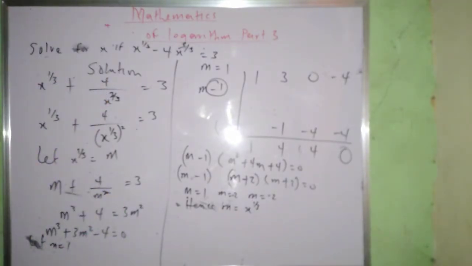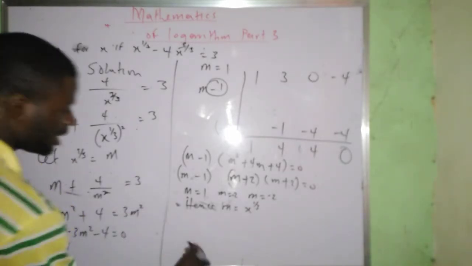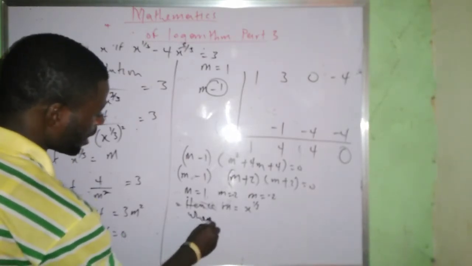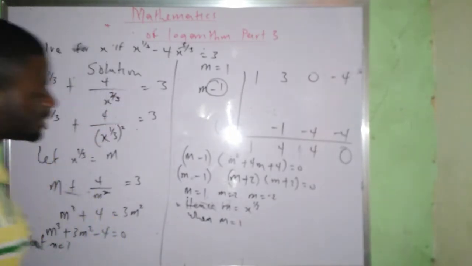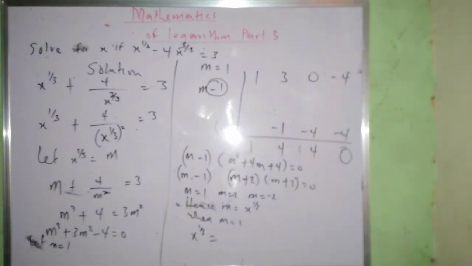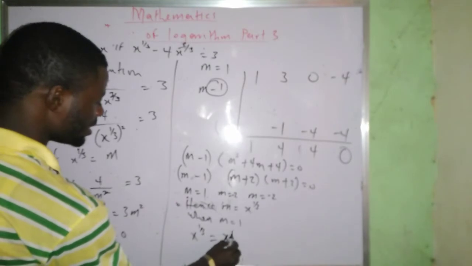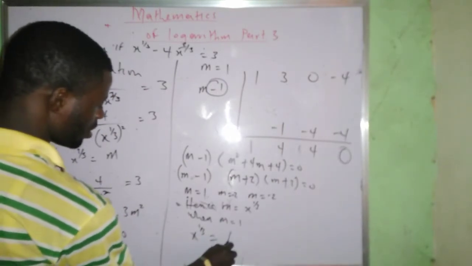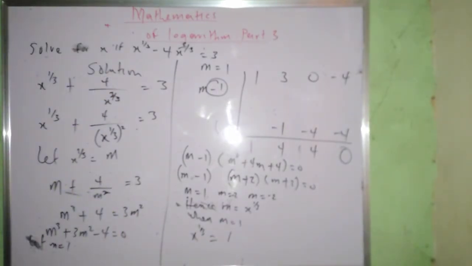When m is 1, when m equals 1, it means I'll be having x raised to power 1 over 3 equals 1. Now, if I have x raised to power 0, it will be 1. Okay, what can I do to this 1 that will get me something very good?